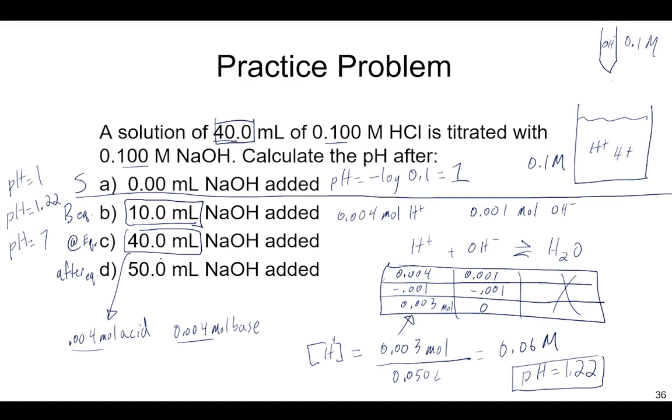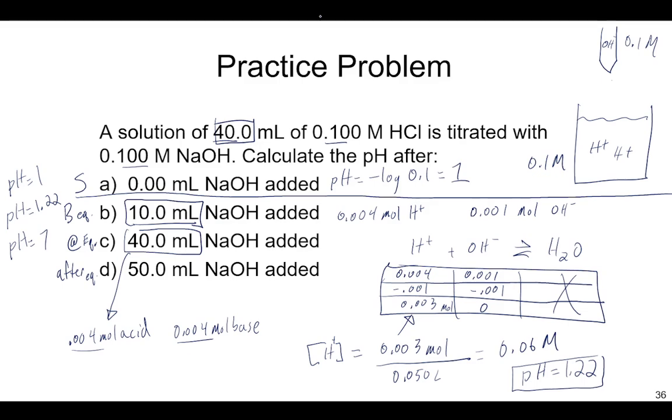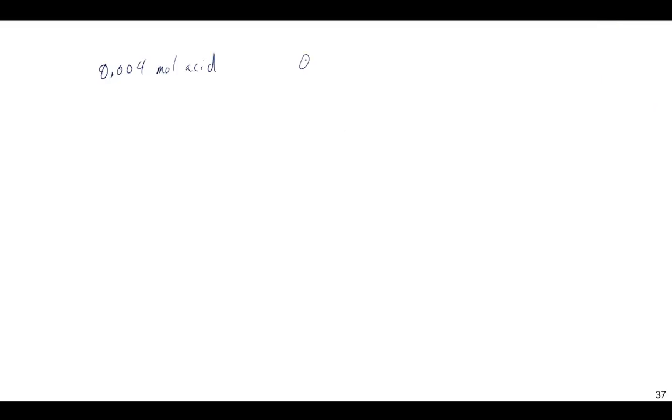And now part D, 50 mils of NaOH have been added. Okay, well, let's calculate moles of acid. Still that same 40 mils at 0.1 molar. Moles of base is now 50 mils at 0.1 molar. So that should give you 0.005 moles of base. Now I'm going to enter that into my ice chart.